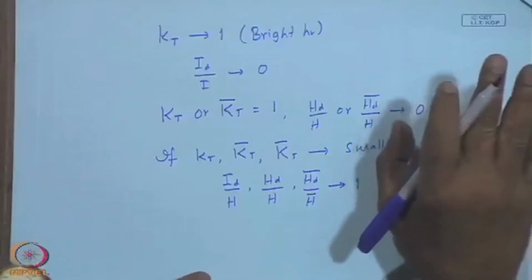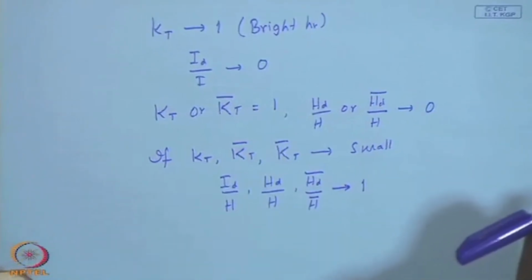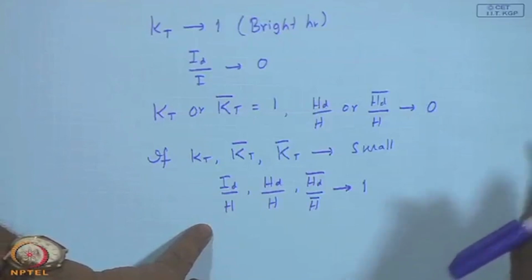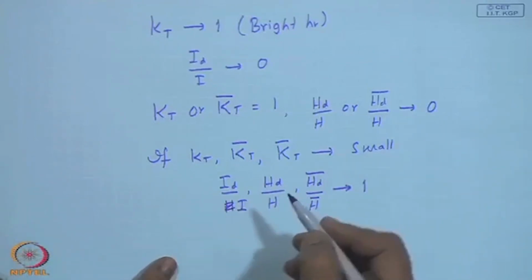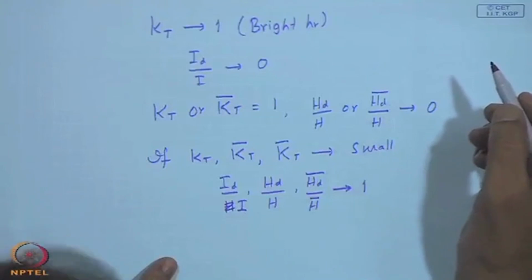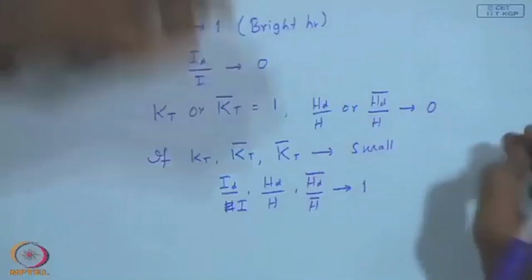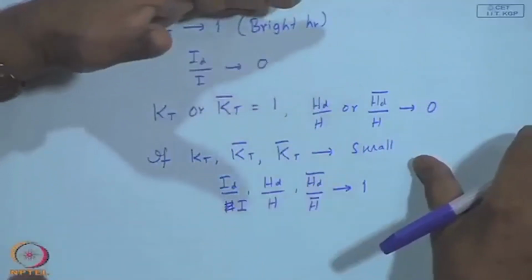But if the clearness index is very small, that means it is a very cloudy day, cloudy hour, then all the radiation that I am receiving is diffuse radiation itself, though it may be pretty small. Consequently, if the clearness indices are small, my diffuse fractions are close to unity.